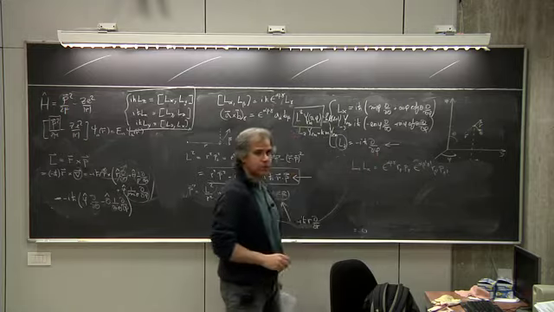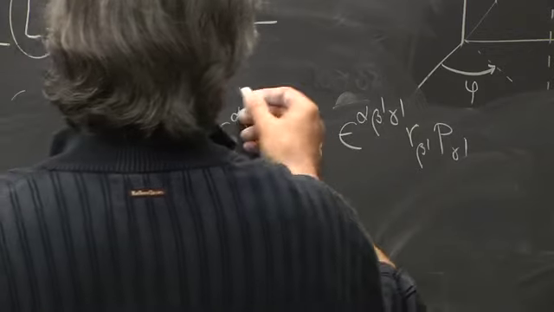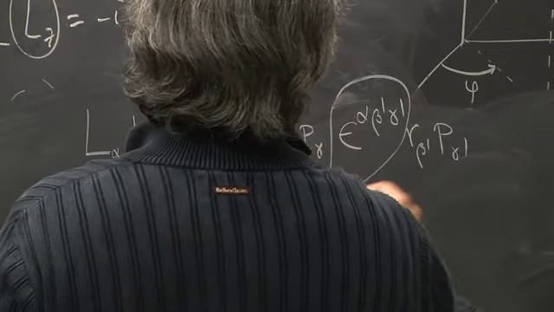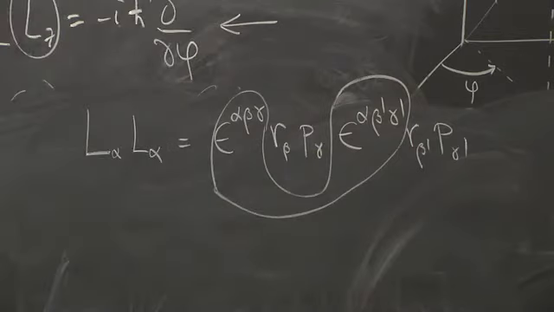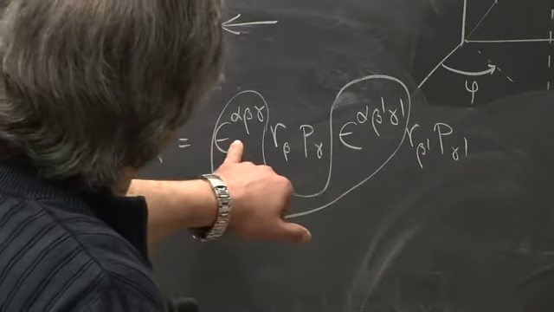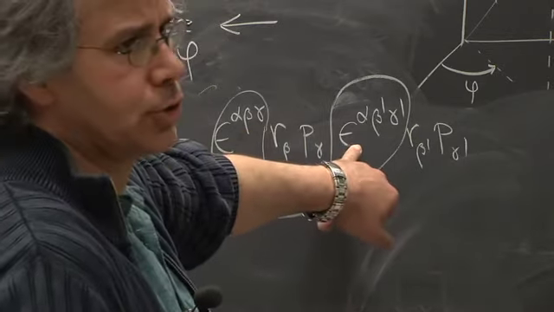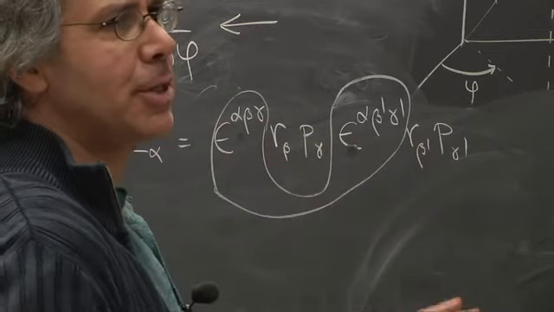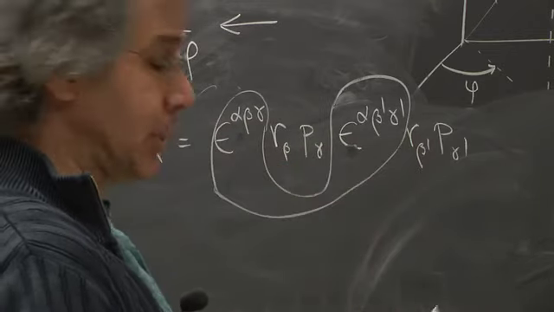You do something like this. Then you use an expression for the product of two epsilon objects, and this is a quite simple thing to understand. These are 1 or minus 1 or zeros. So the result must be just 1, minus 1, or zeros.